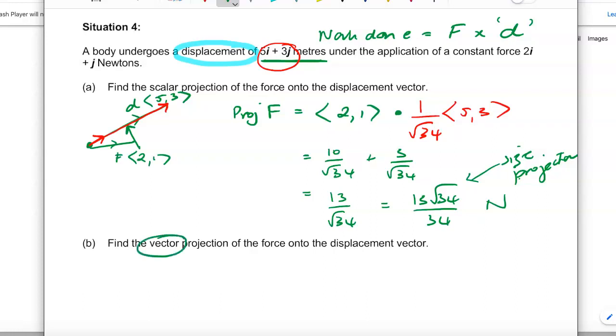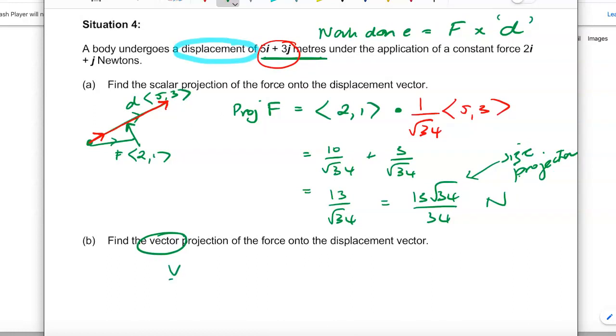But we want to find now the vector projection. So let's call it the vector V. To find the vector projection of that force, it's going to be the size of that force, so 13 root 34 on 34, that's the size, times by the actual unit vector to get the direction, because we've got the size, now we need the direction.